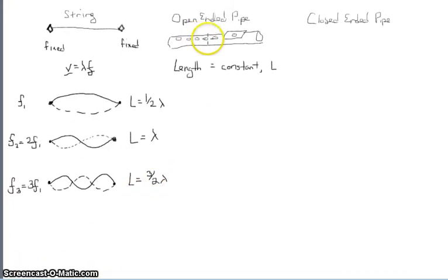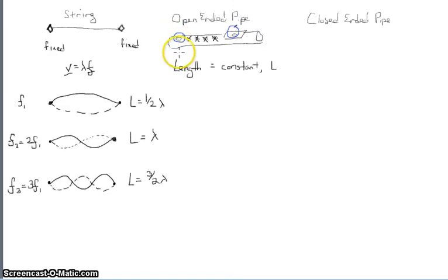For an open-ended pipe, you drew this flute on here, or a piccolo, if you like to refer to it as that. I'm just crossing out some of the holes here to set up how this works. If you close the holes with your fingers, you end up with 2 open ends: an open end in this spot, and an open end right over here.